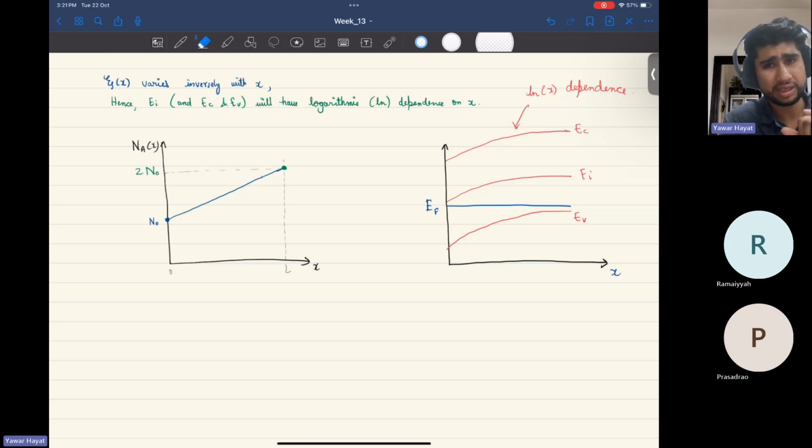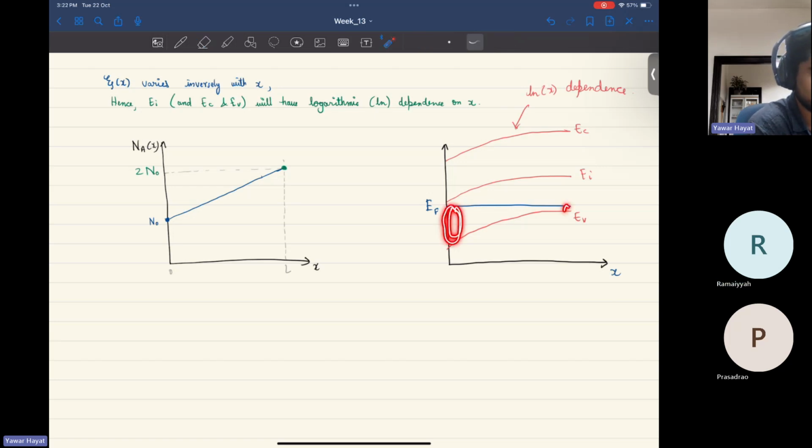And when the value of Na increases, what happens to the nature of the semiconductor? Will it become more p-type or more n-type? More p-type. And that is what is happening, right? Ef is going closer and closer to Ev as x is progressing, right? Look, here the distance is more, here the distance is less. So yes, you can in fact say this even qualitatively.